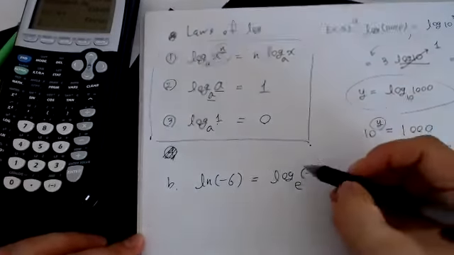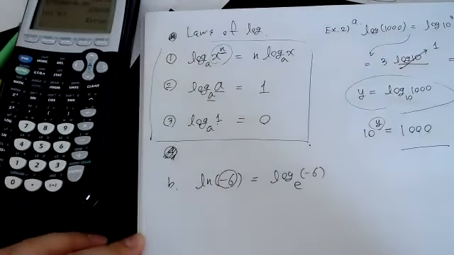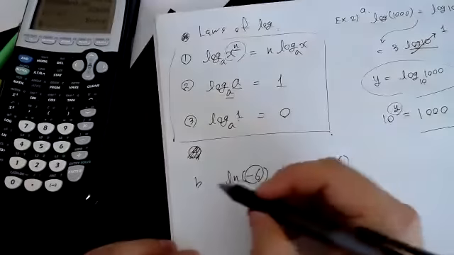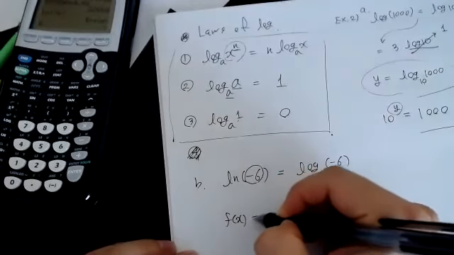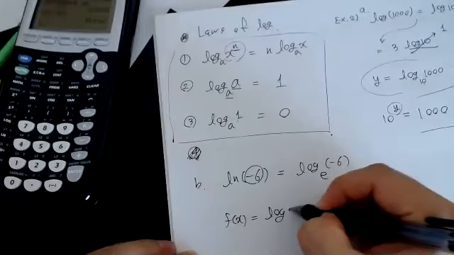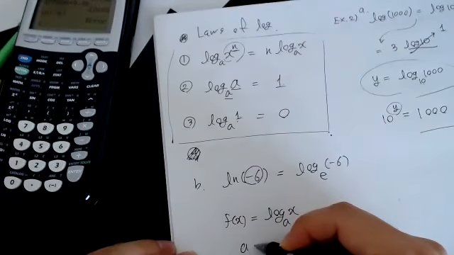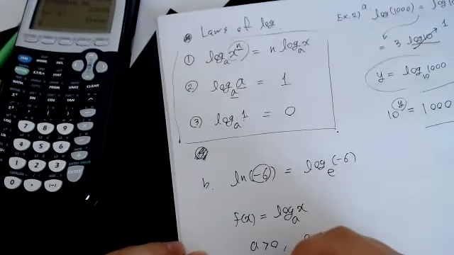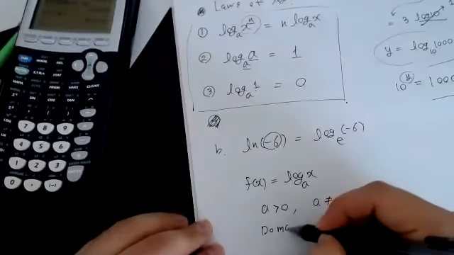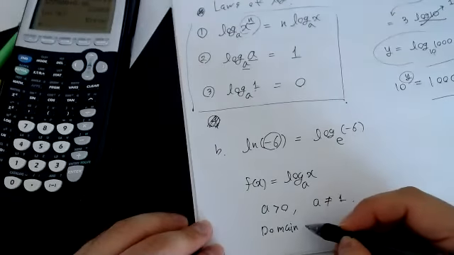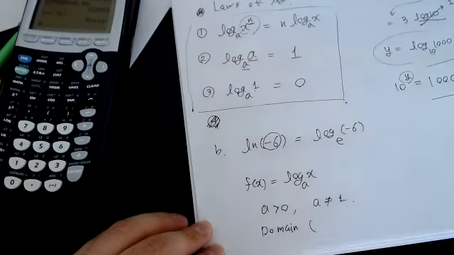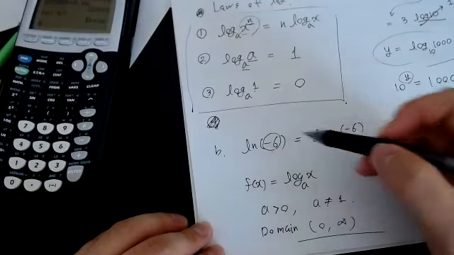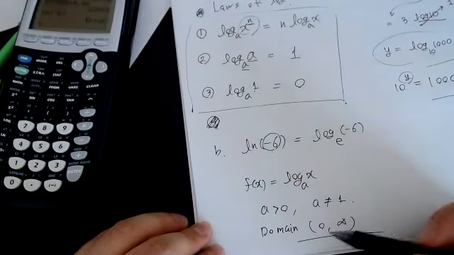Remember that f of x is equal to log of x to the base a, where a must be greater than 0 and a is not equal to 1. And the domain must be 0 to infinity, right? Because -6 is not in the domain.